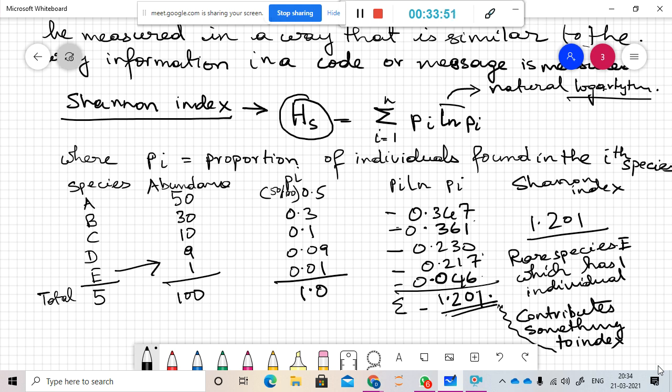Here rare species also give some value to the index. So these are the two indices which you have to follow. There are others like Brillouin's index, but I don't think you need to study all those things.